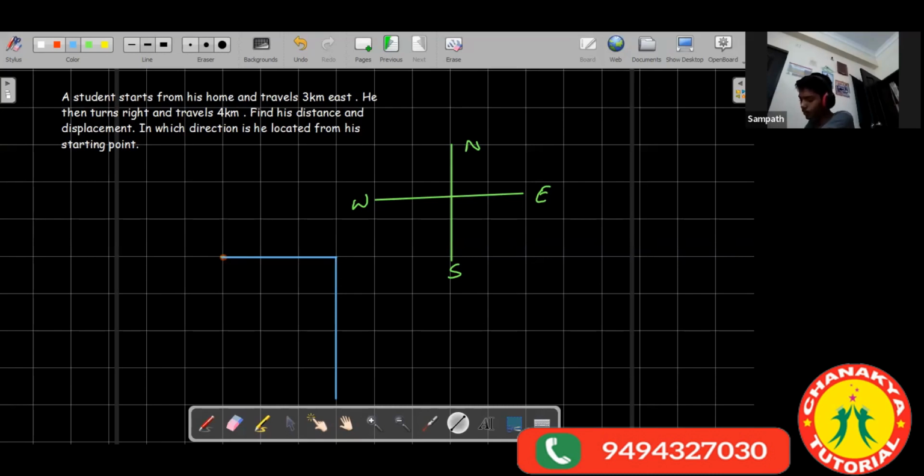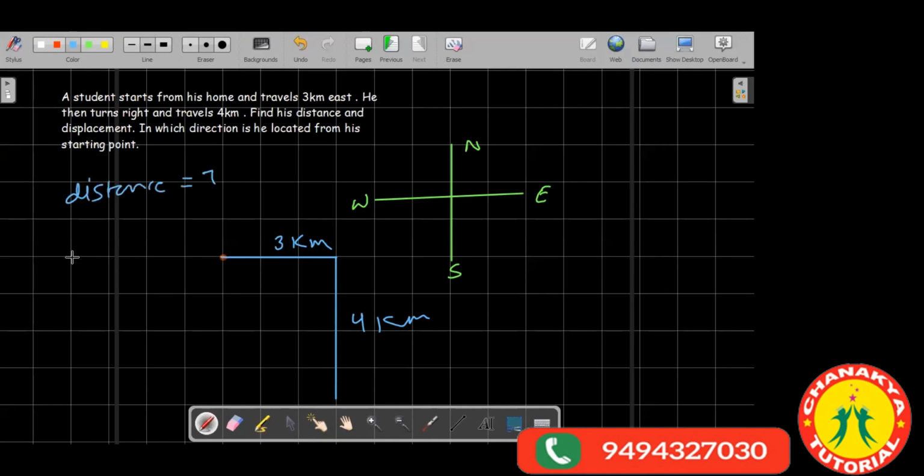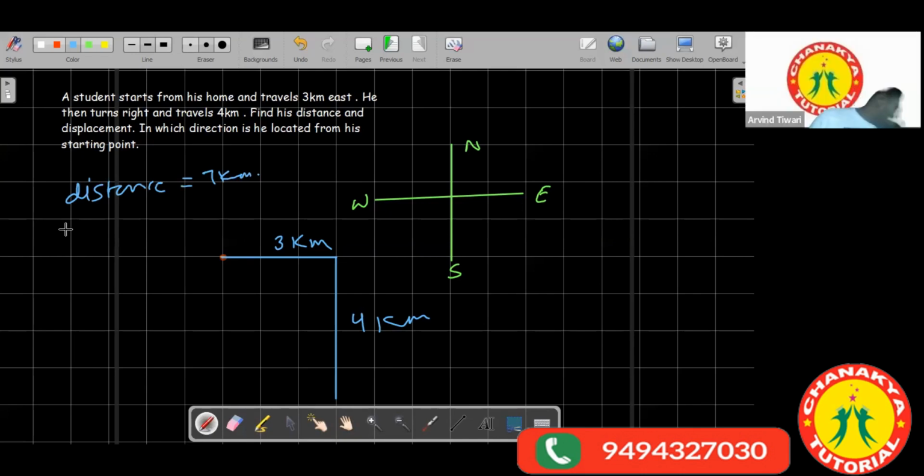Like this. So hence, this is your 3 kilometers, this is your 4 kilometers, and hence you get total distance as 7 kilometers.